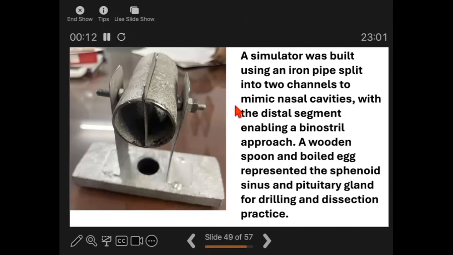The distal 2 centimeter of this pipe does not have a septum. So that means that will allow us to go for bimanual dissection. Distal to this pipe, we kept a wooden spoon with a boiled egg attached to it, which could be used for drilling and dissection, simulating the bone, the pituitary gland and the tumor.